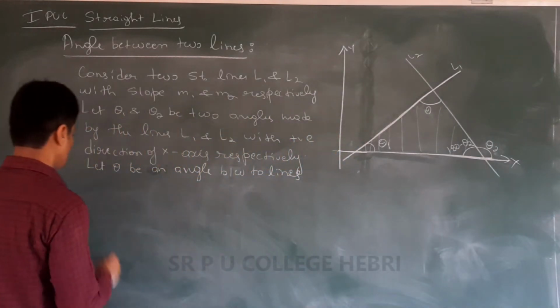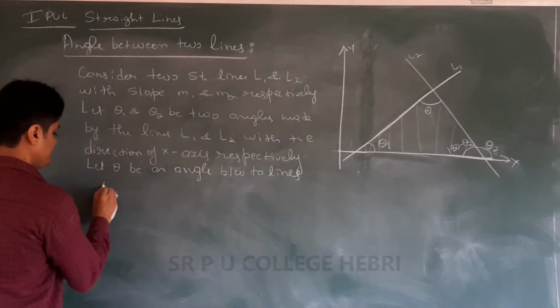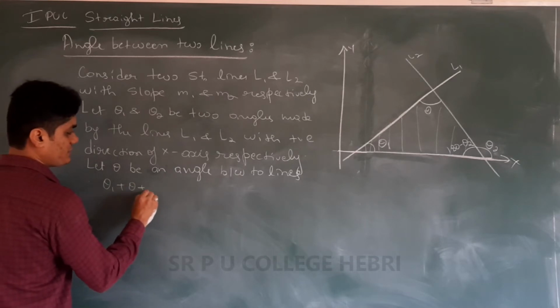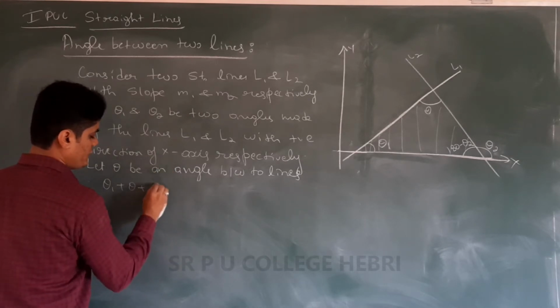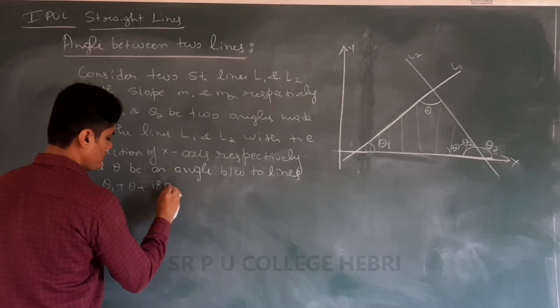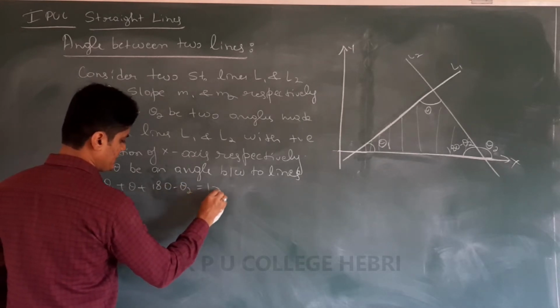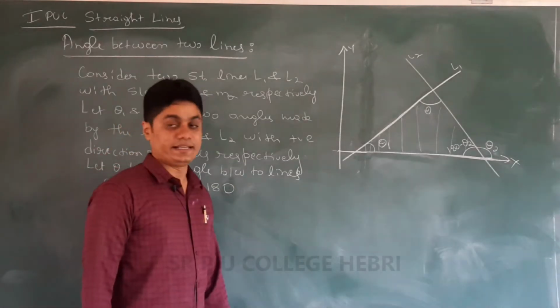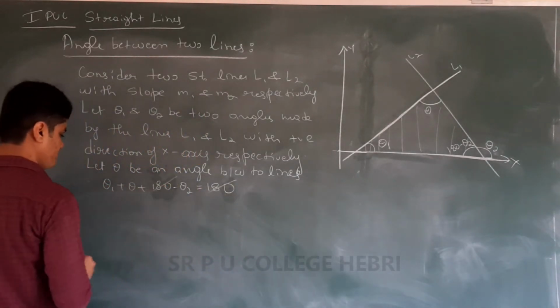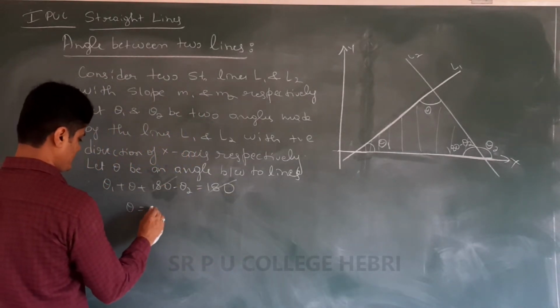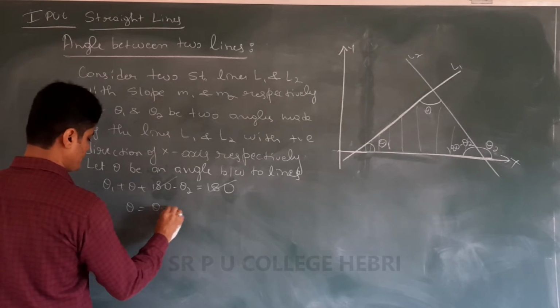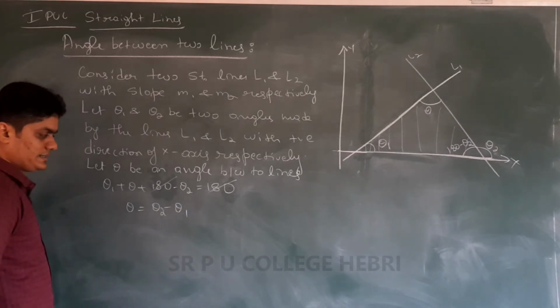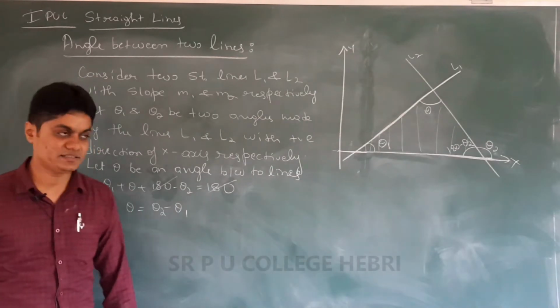Since it is a triangle, theta 1 plus 180 minus theta 2 plus theta is equal to 180 degrees, as the sum of the three angles of a triangle is 180 degrees. So these cancel, and we get theta is equal to theta 2 minus theta 1.